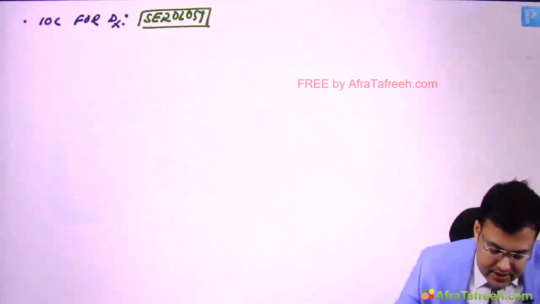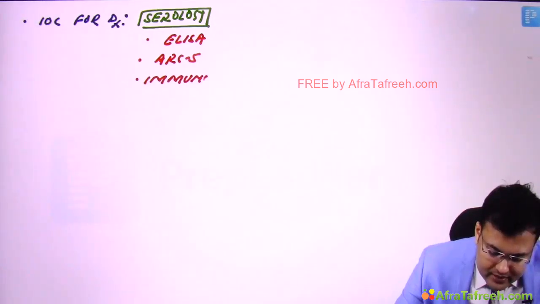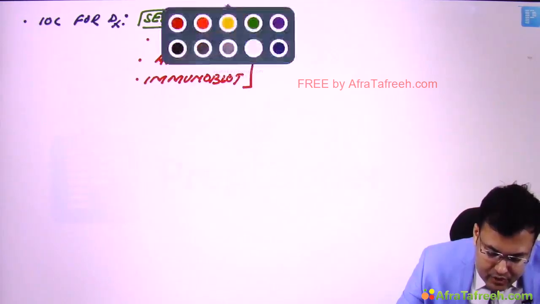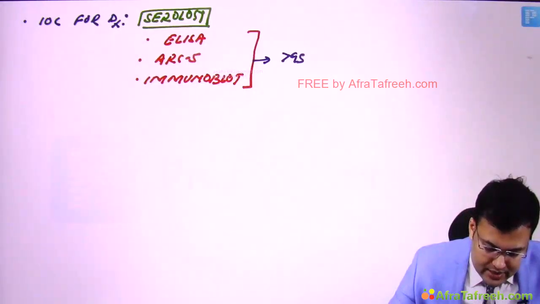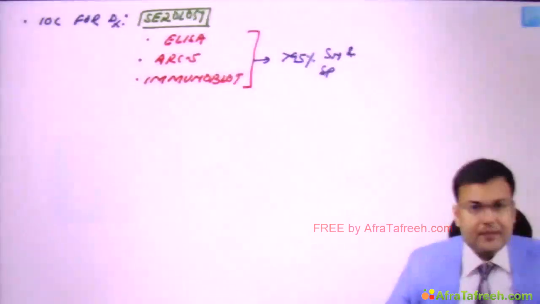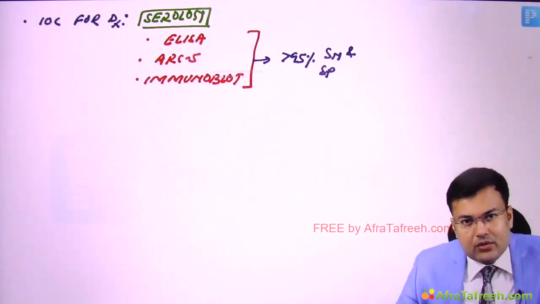The three investigations are ELISA, ARC5, and immunoblot. Clear? All these three have more than 95% sensitivity and specificity.